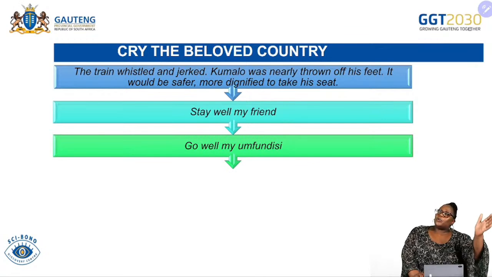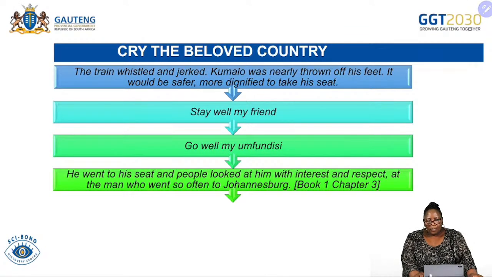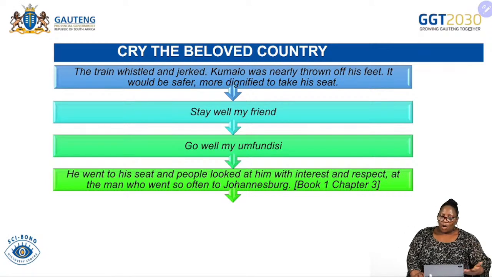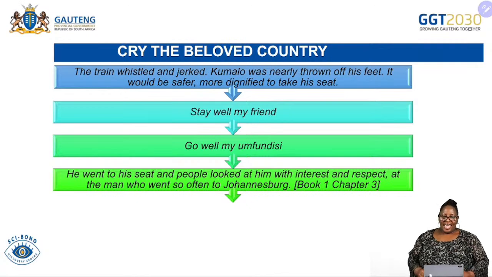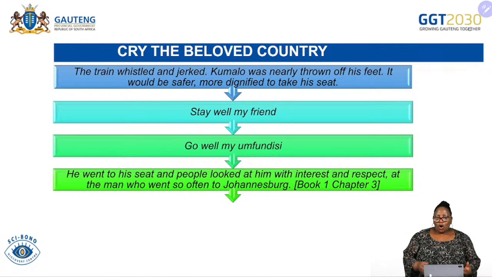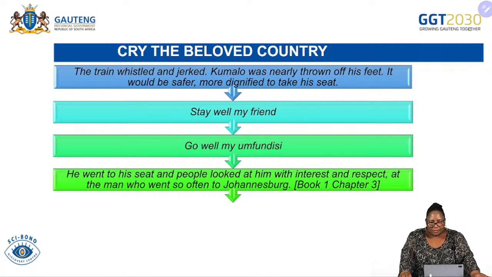Go well, Mfundisi." "He went to his seat and people looked at him with interest and respect, at the man who went so often to Johannesburg." And where did we get this? From book 1, chapter 3 of Cry, the Beloved Country.